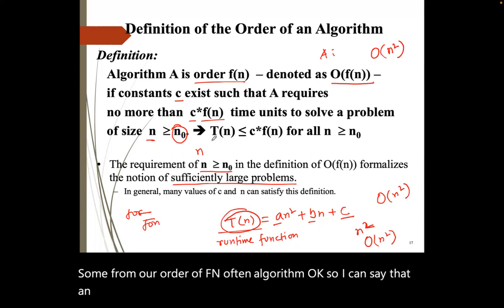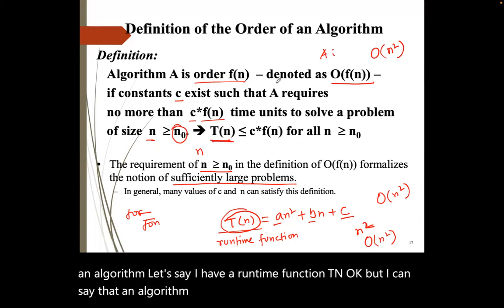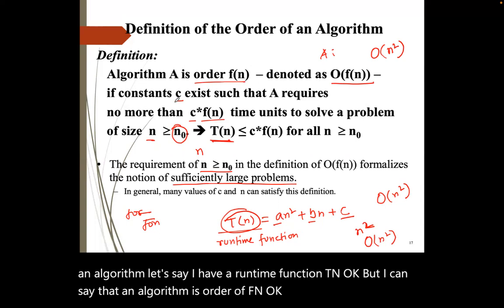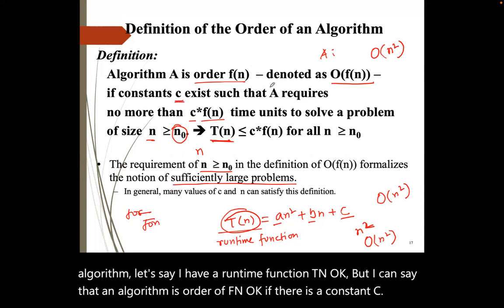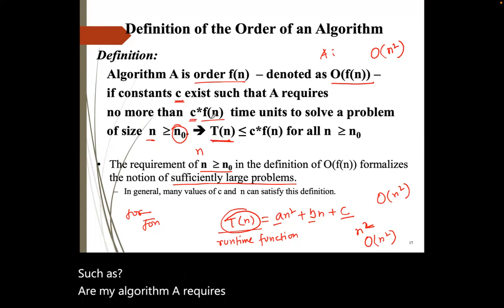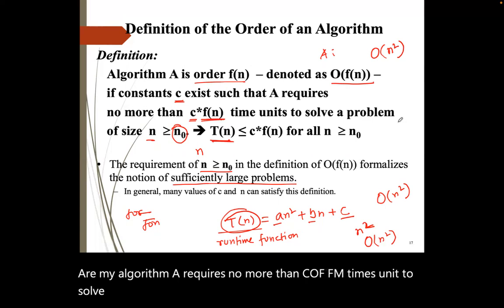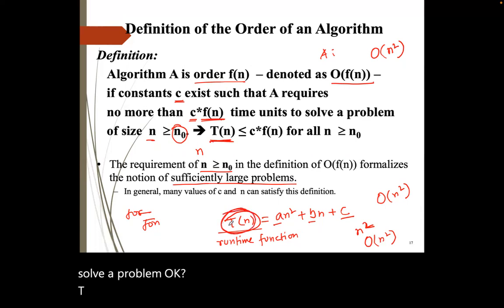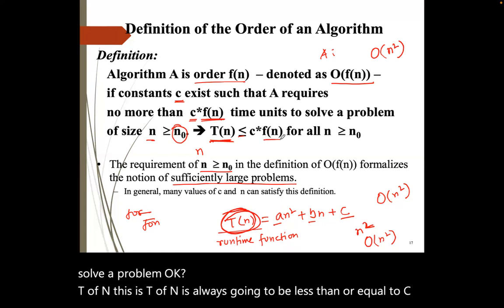Let's say I have a runtime function T of n. I can say that an algorithm A is order of f of n if there is a constant C such that my algorithm requires no more than C times f of n time units to solve a problem, where T of n is always going to be less than or equal to C times f of n.